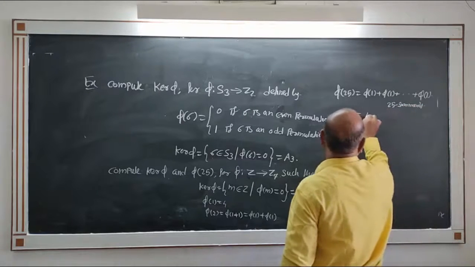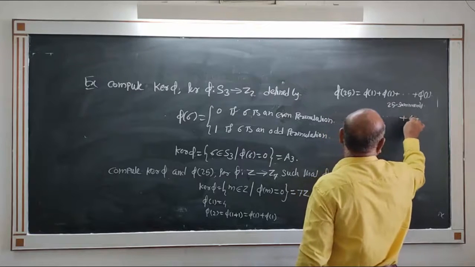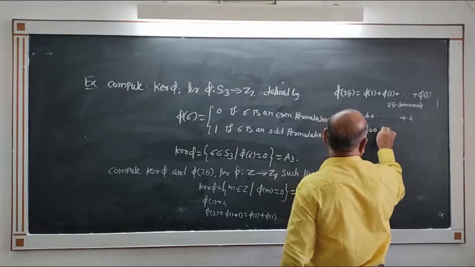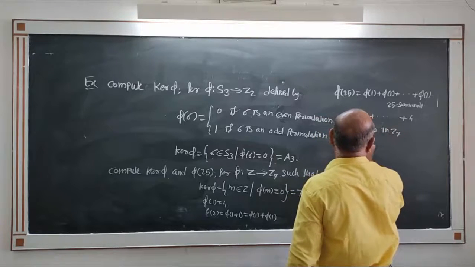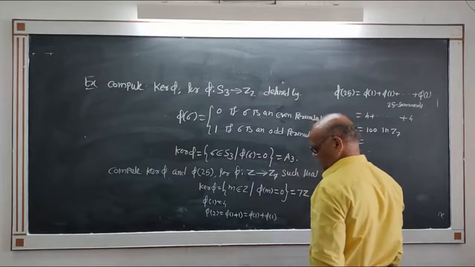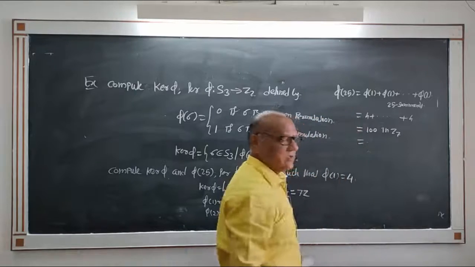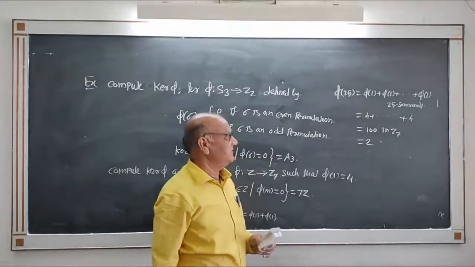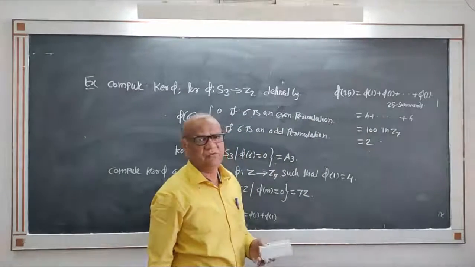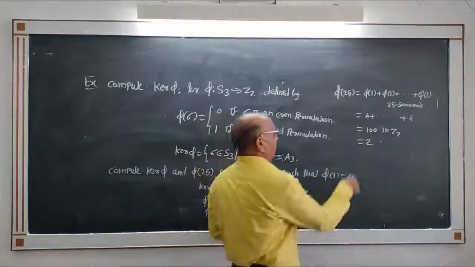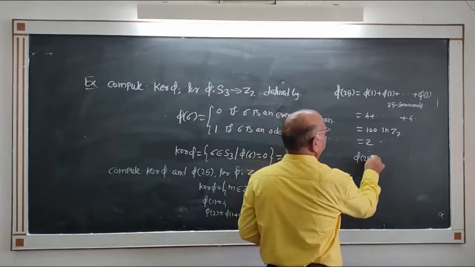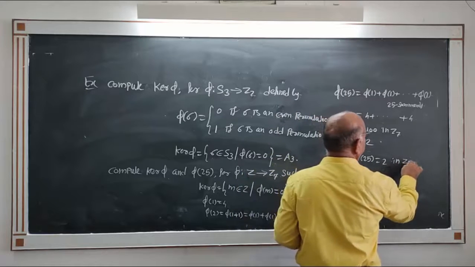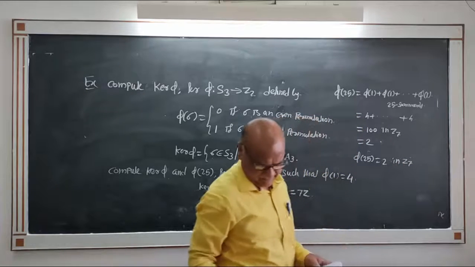And phi of 1 is 4, so 4 plus 4 plus 4, 25 summands, that means 100 in Z7, and this is equal to 2. That means phi of 25 is equal to 2 in Z7.